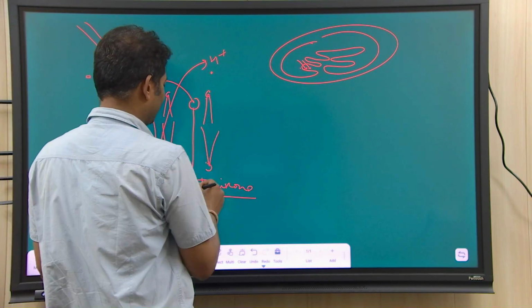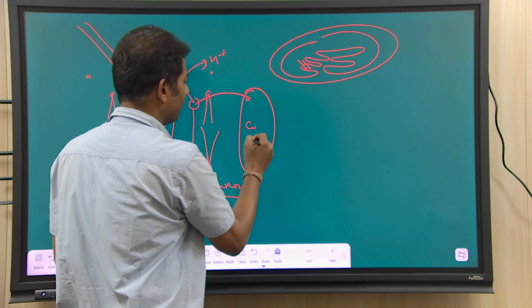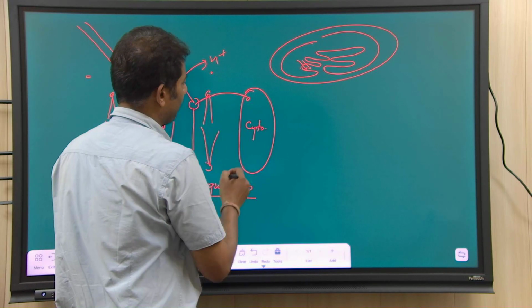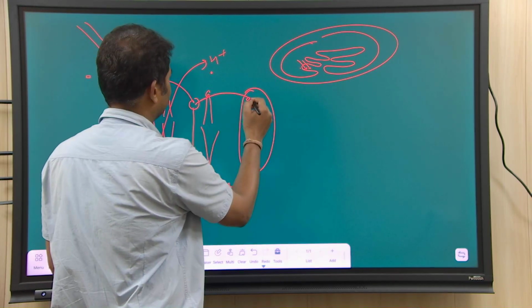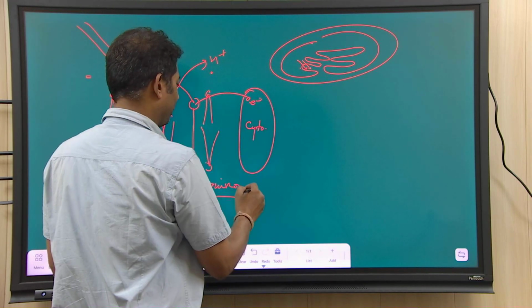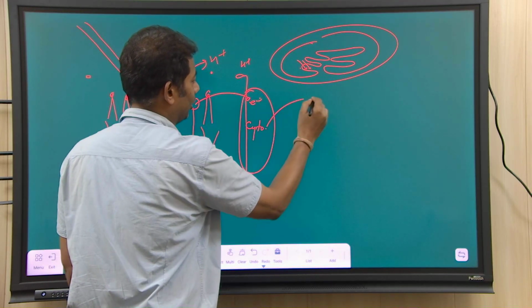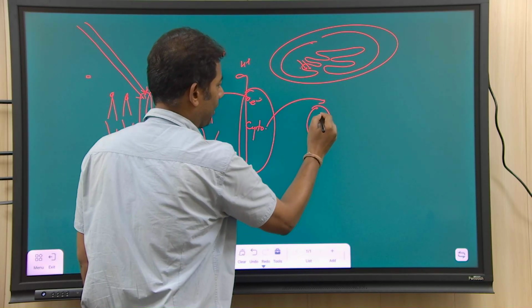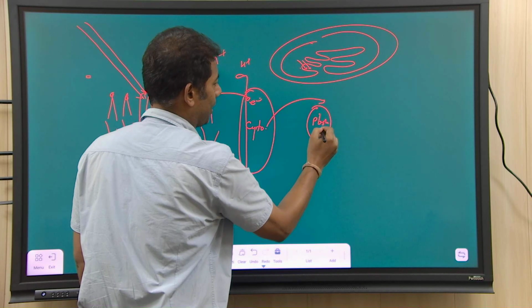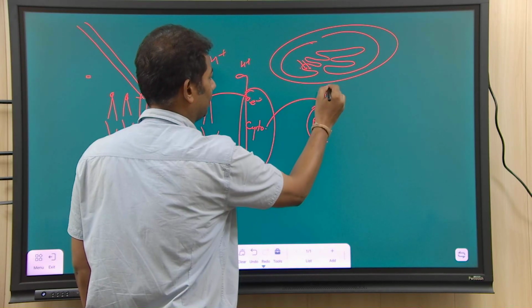When this plastoquinone transfers electrons to another molecule, that is cytochrome, the electrons are again transferred and the protons are again being transferred. The cytochrome molecules transfer electrons to plastocyanin, and again the protons are being transferred.